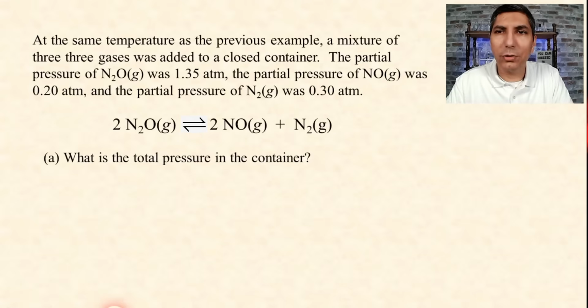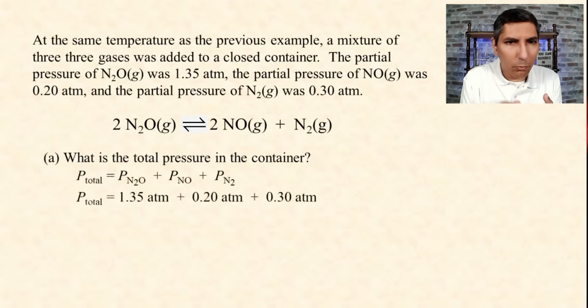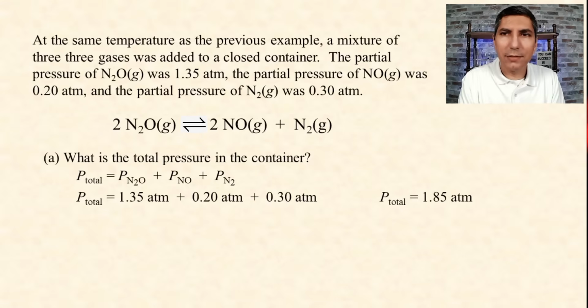What is the total pressure in the container? Well, we have to understand that the total pressure is just the sum of the individual partial pressures. So we take the 1.35, the 0.20, and the 0.30 and add them together, and you'll find that the total pressure in the container is 1.85 atmospheres.